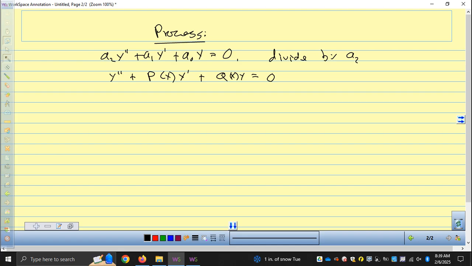We know that p(x) and q(x) are continuous on some interval because a1, a2, and a0 are continuous on some interval. Now we suppose that y1(x) is a known solution, and that this is not the trivial solution.